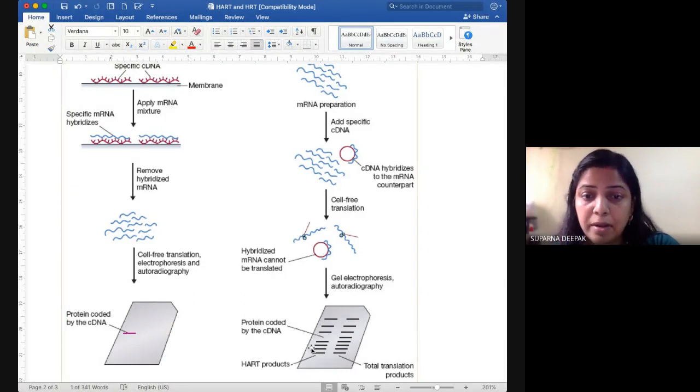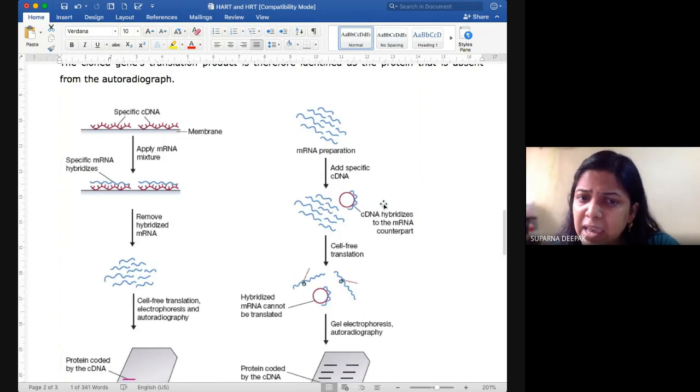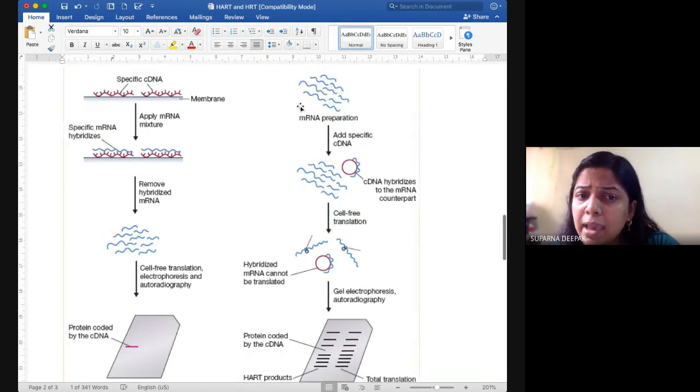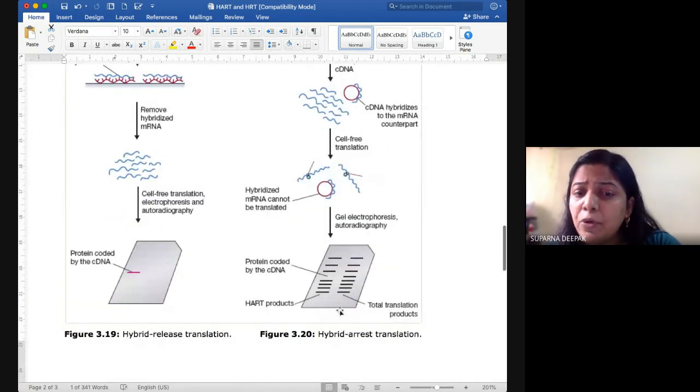Now for the other well, you do the same thing but you will not add the cDNA. All the mRNAs are added to your cell-free translation system, and all the proteins are going to be synthesized.